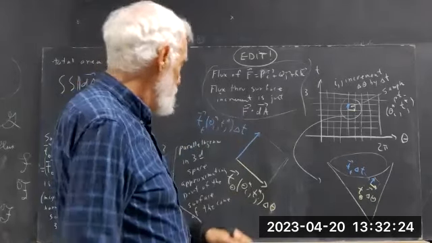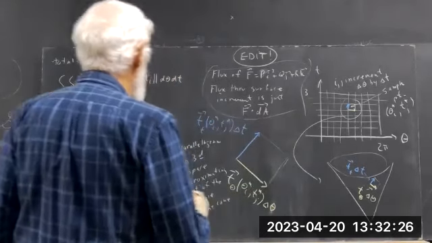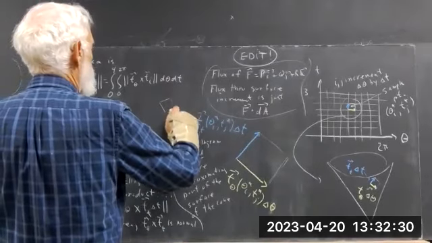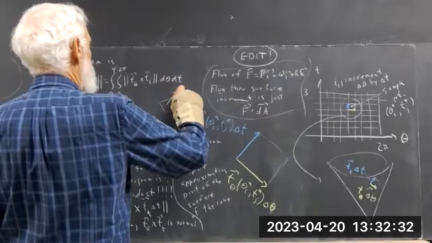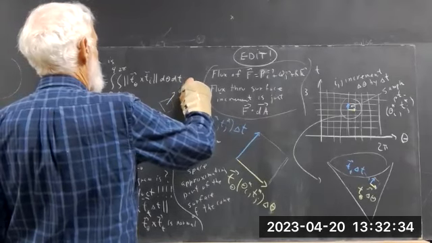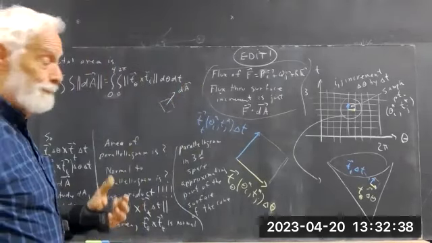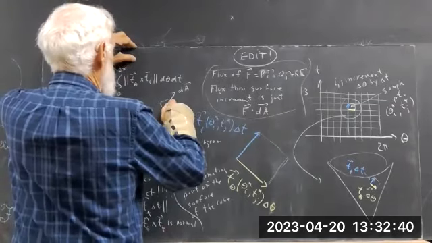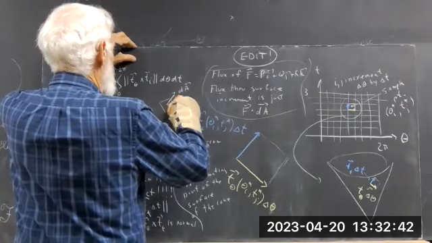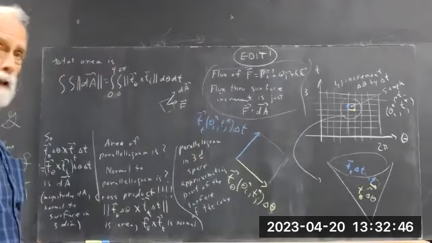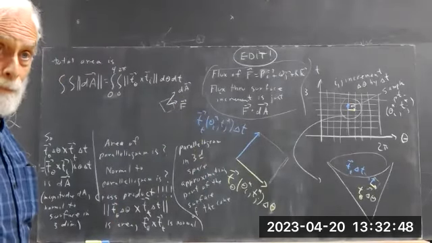It's F dot dA because your picture is: dA is normal to the surface. And here is your vector function you're trying to calculate the flux for.